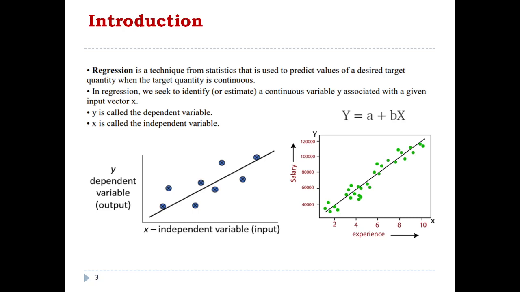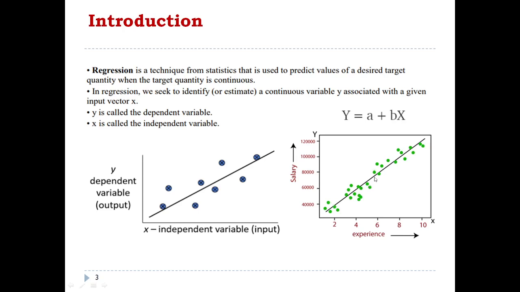So here regression is performed when the dependent variable is of continuous data type, and predictors or the independent variables could be of any data type like continuous, nominal or categorical, etc. So the regression method tries to find the best fit line, which shows the relationship between the dependent variables and the independent variables with the least errors.